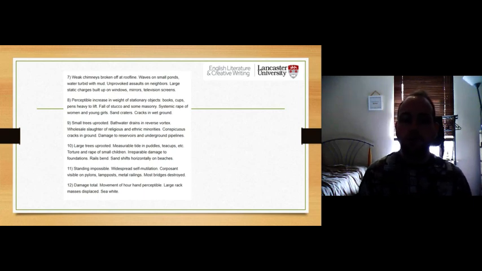Wholesale slaughter of religious and ethnic minorities. Conspicuous cracks in ground. Damage to reservoirs and underground pipelines. 10. Large trees uprooted. Measurable tide in puddles, teacups, etc. Torture and rape of small children. Irreparable damage to foundations. Rails bend.